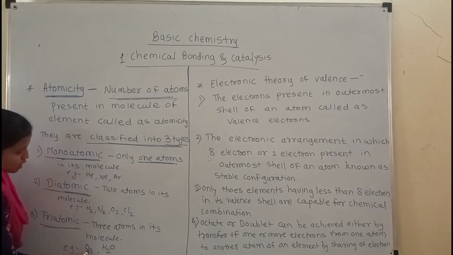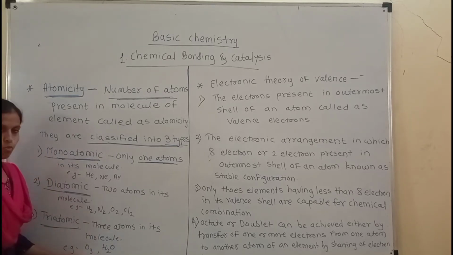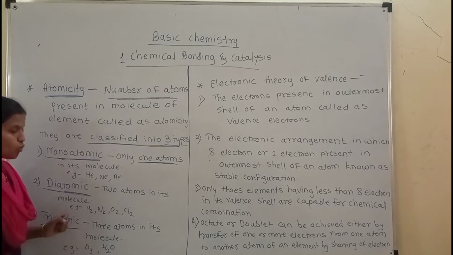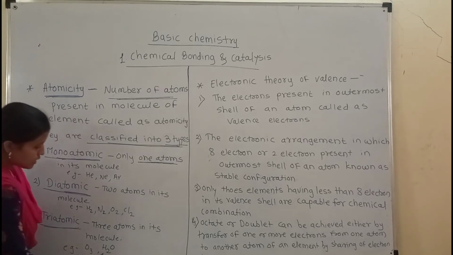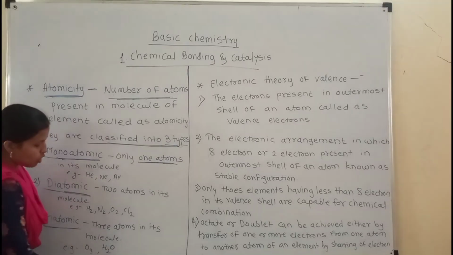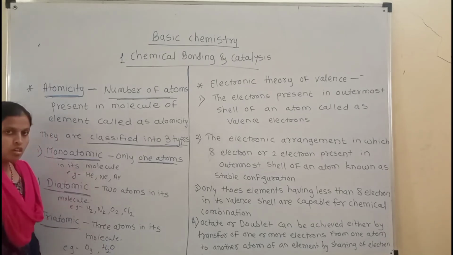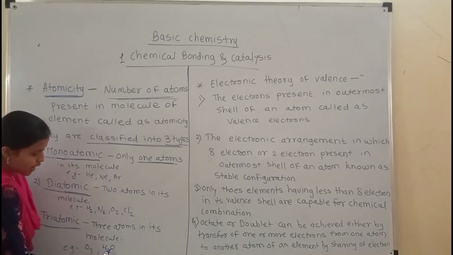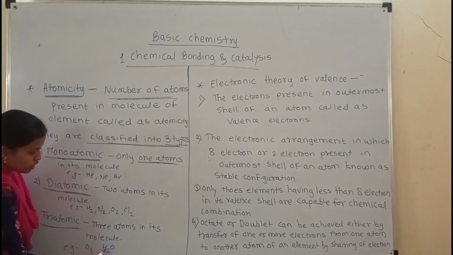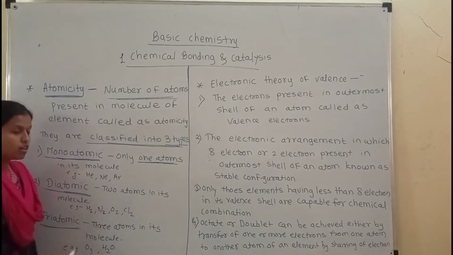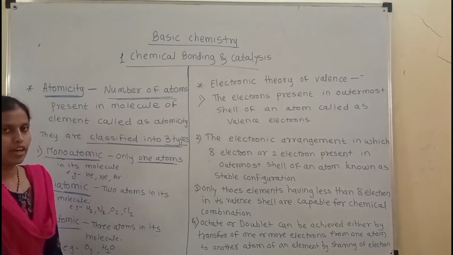Ozone has three oxygen atoms in its molecule, so ozone shows triatomicity. The next example is the water molecule. The formula of water is H2O. In that we also have three atoms, one oxygen and two hydrogen atoms. So water also shows triatomicity.